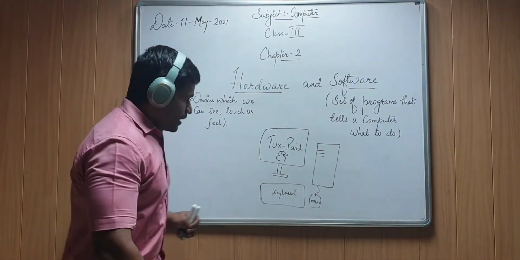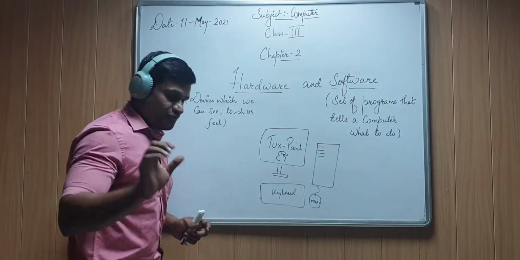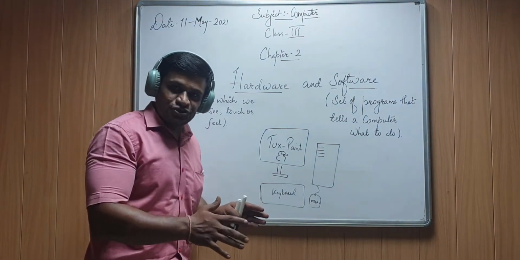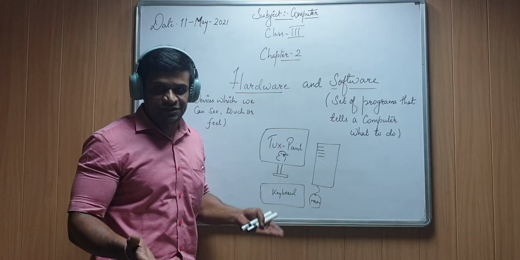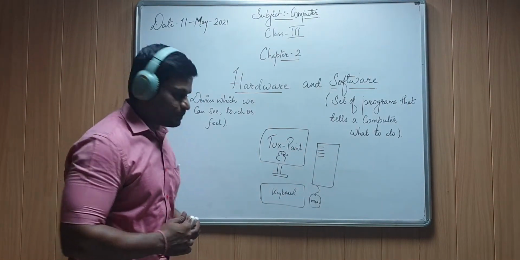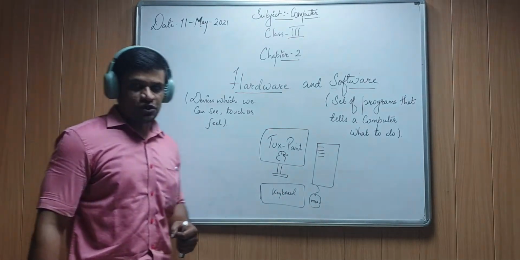If I'm standing here, you will say with me, can I touch the monitor? Yes, I can touch the monitor. I can touch the CPU. I can touch the keyboard. I can touch the mouse. Yes or no?